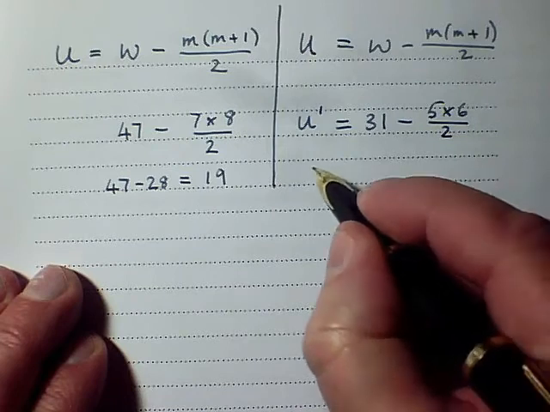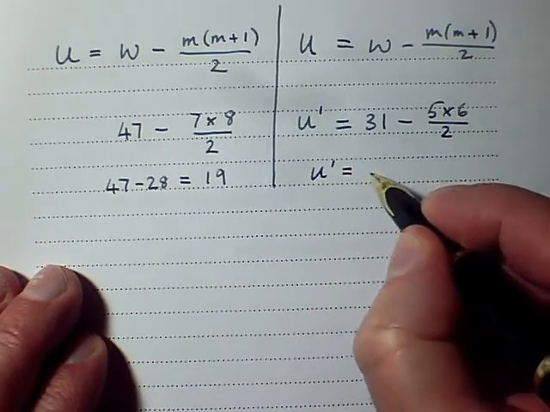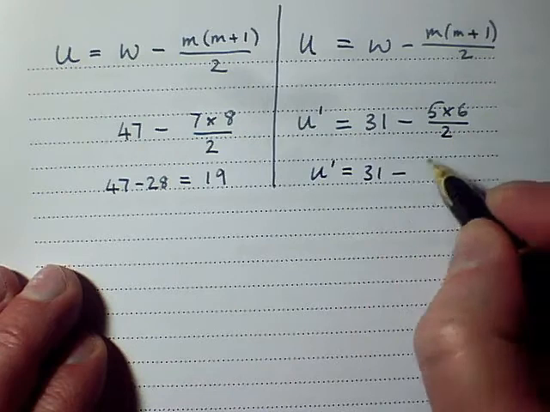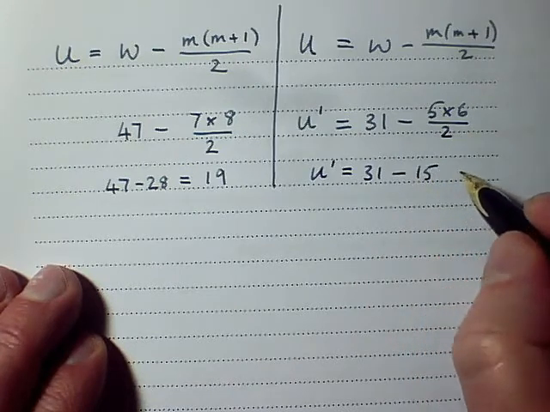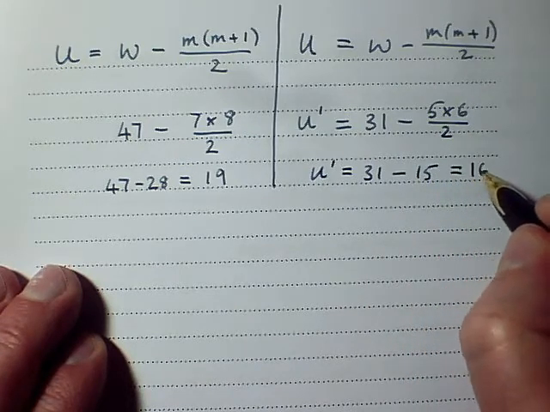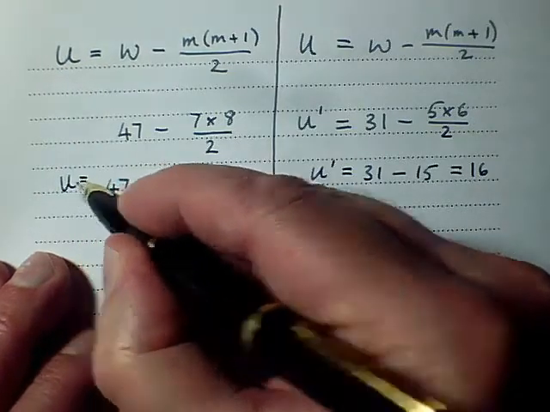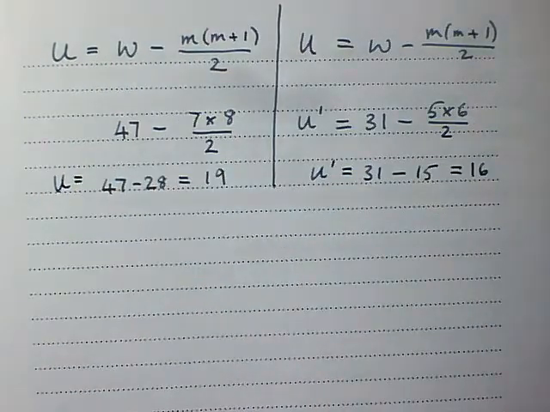So U dash is going to equal 31 minus 15, which gives me a value of 16. So I've got U equals 19 and a U dashed value of 16.